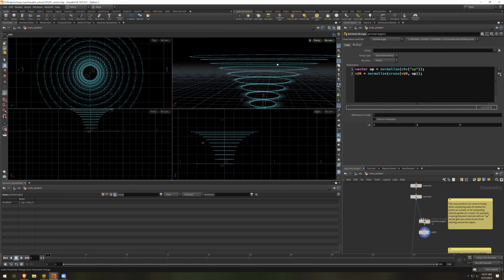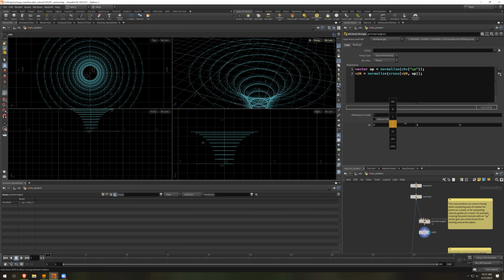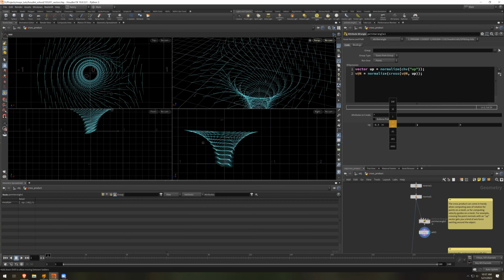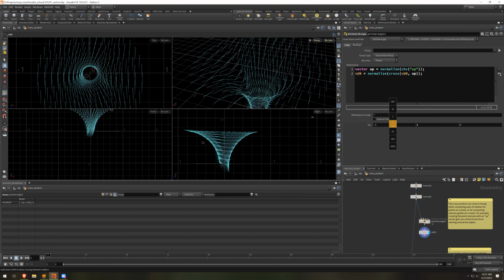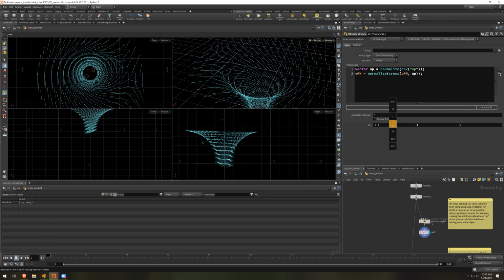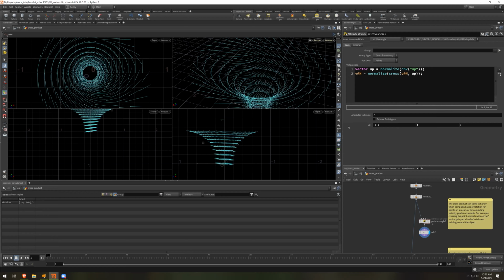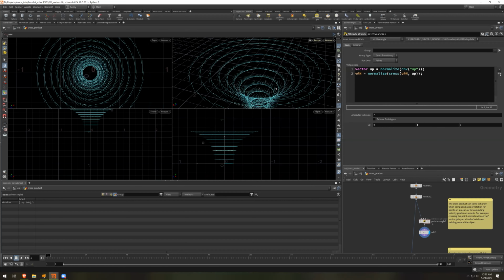You can see these things leaning. If I adjust this up vector so that it's pointing in different directions, it's going to try and lean around a different axis. But this funnel is facing an obvious world up axis, so it looks best here.